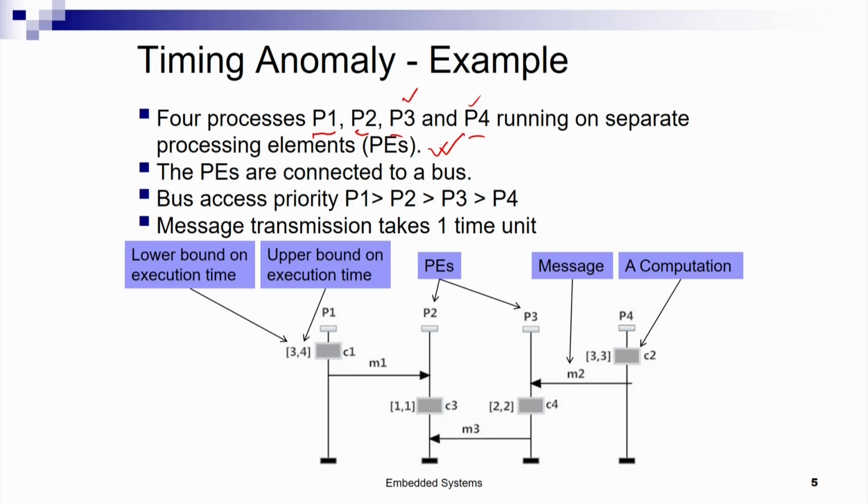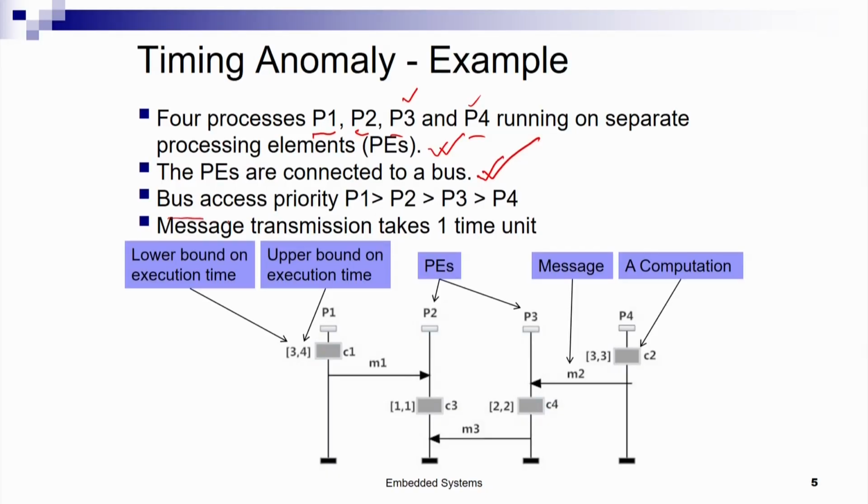However, these 4 processing elements are connected by a single shared bus, and we also have a very simple scheduling strategy for the bus. Multiple messages from multiple processors are there to be sent through the bus.